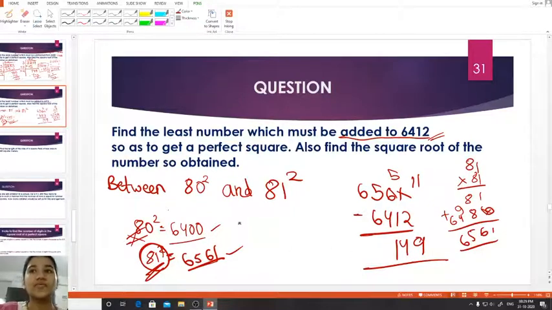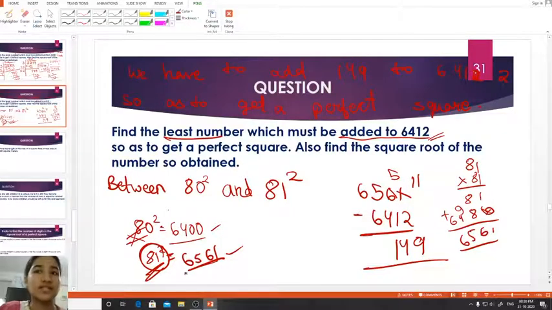Therefore we have to add 149 to 6412 so as to get a perfect square. What is the least number, right?